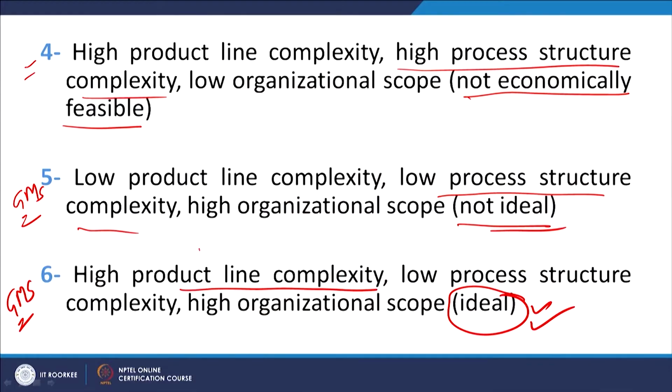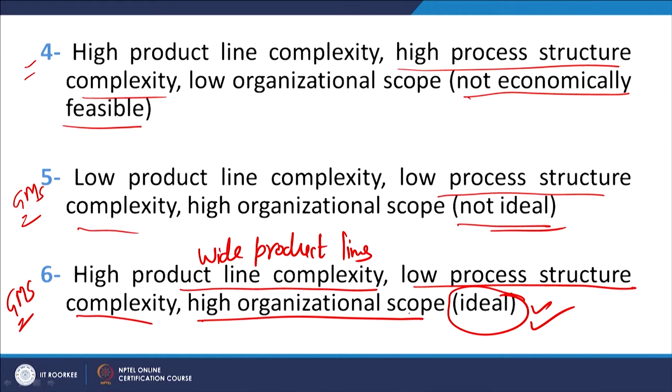You have high product line complexity, it means you are offering a wide product mix, you have wide product lines, and then low process structure complexity, that is, again you have immature processes, discontinued intermediate processes. But you want to have high organizational scope.